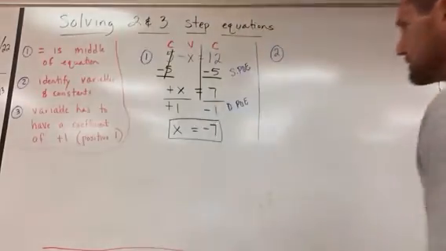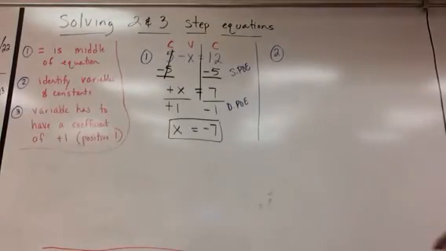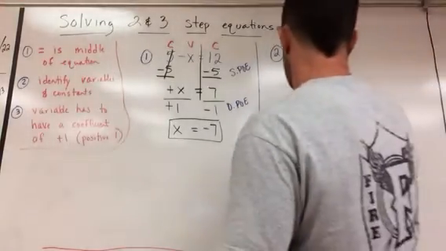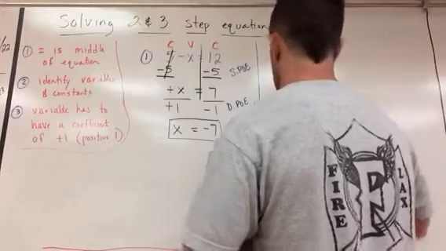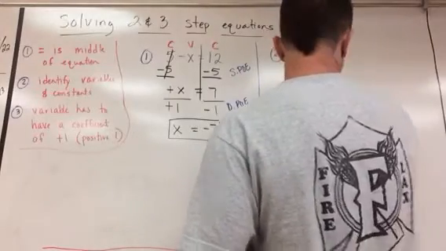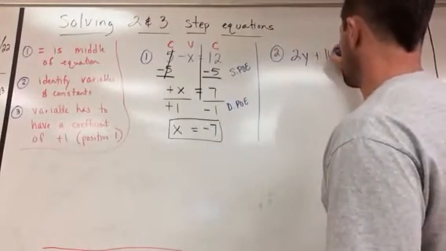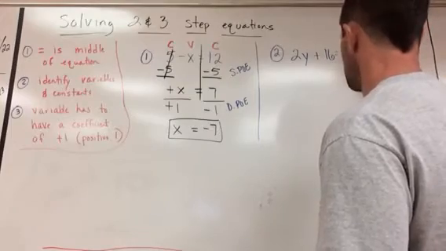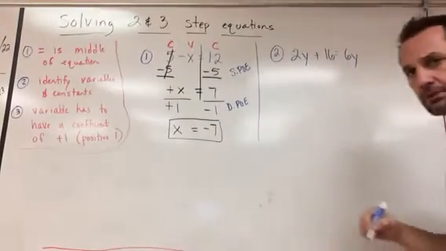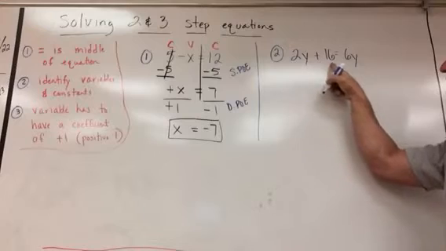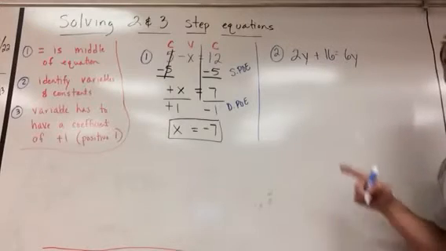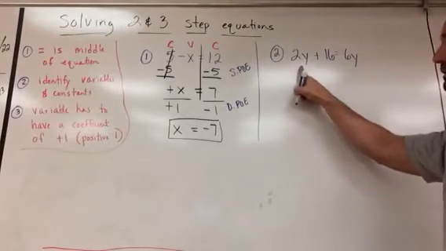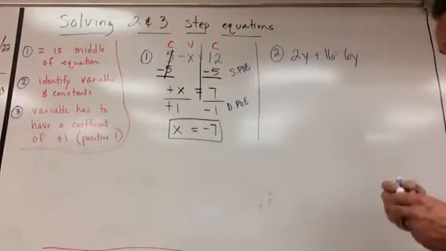Example 2 is going to look similar, but a little bit different. Example 2 says 2y plus 16 equals 6y. What's the difference between example 2 and example 1?